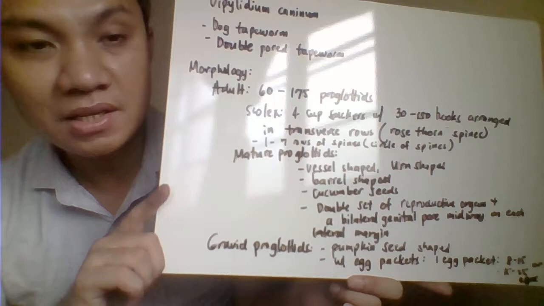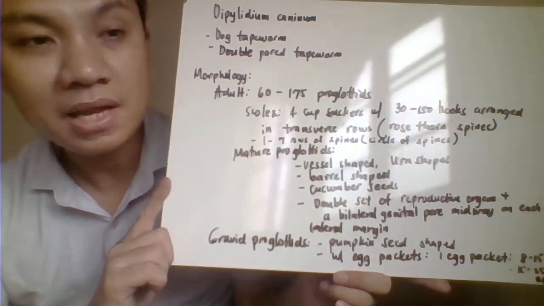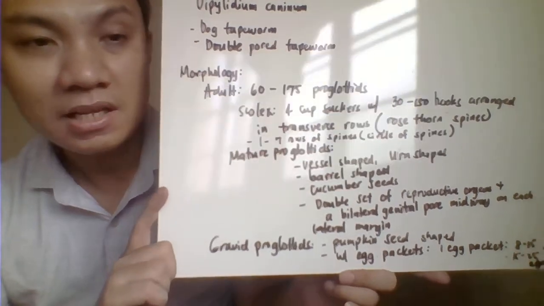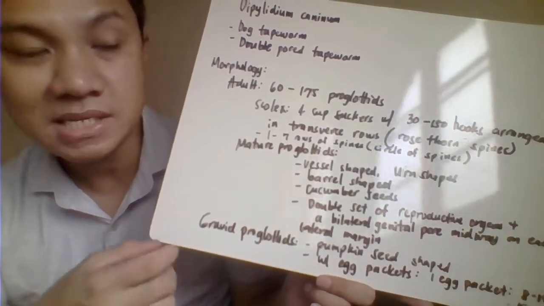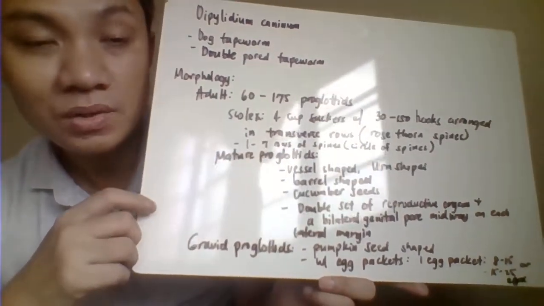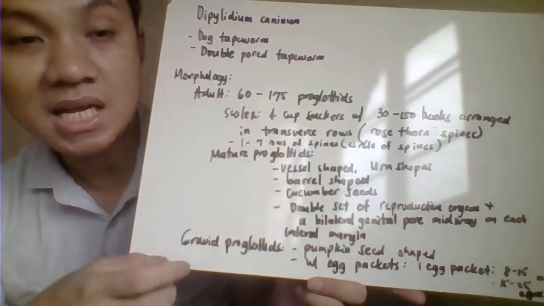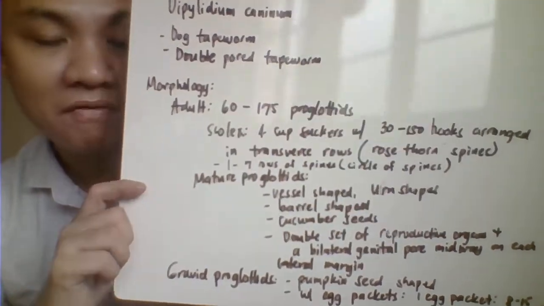The gravid proglottids, on the other hand, are characterized by your pumpkin seed shape, containing the egg packets. And each egg packet contains approximately, it depends, actually iba-iba ang number of eggs. Some references would say that there are 8 to 15 eggs in one egg packet. Others would say 15 to 25.